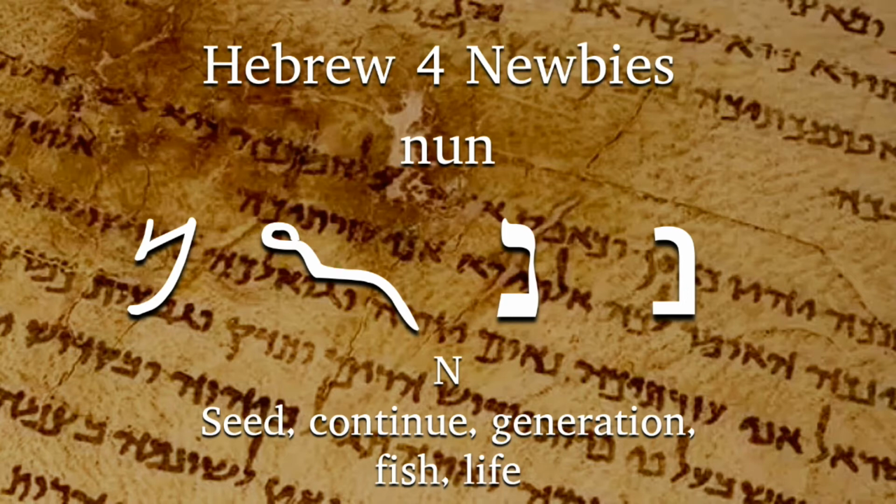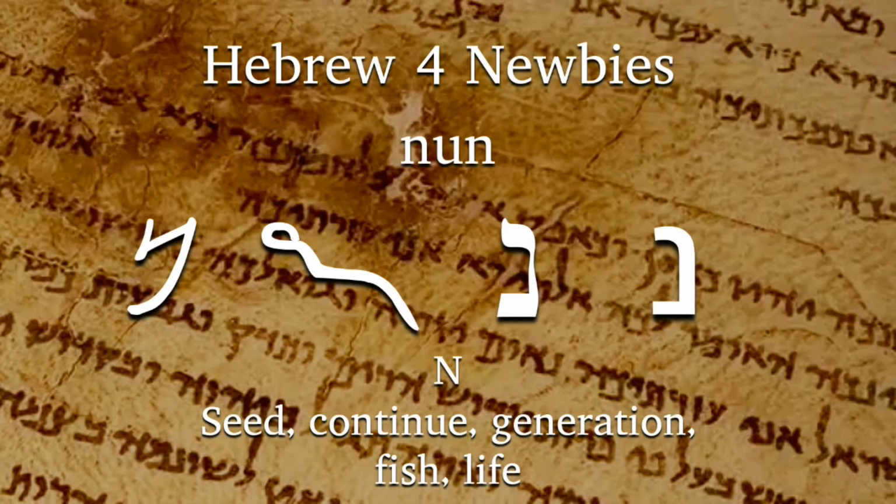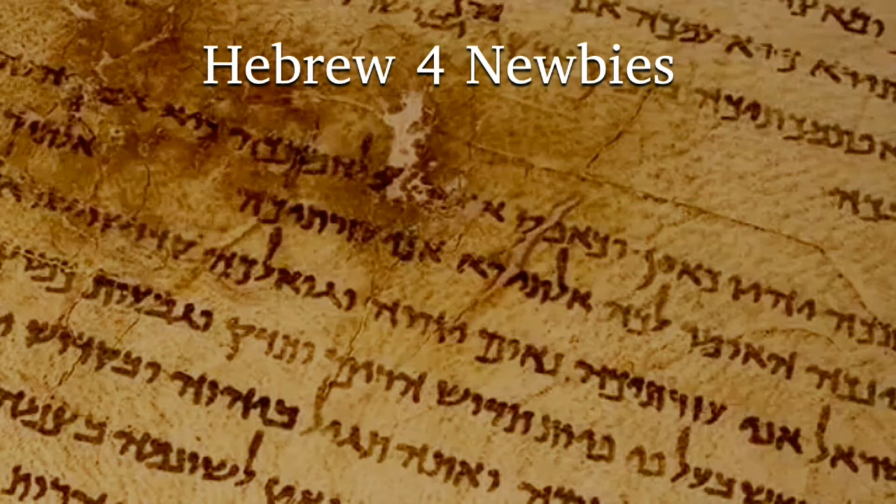And a lot of pictographs, that makes the most sense to me. Some people say it's a fish, because in Aramaic and other Semitic languages, the word noon means fish. Or it could represent life, like a seed representing life. So, seed, fish, I don't know. I'm just teaching you what people say about it.